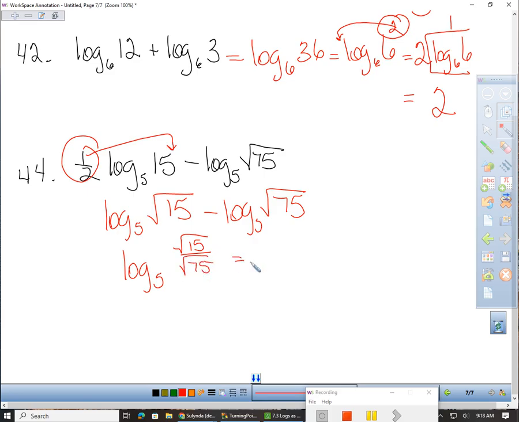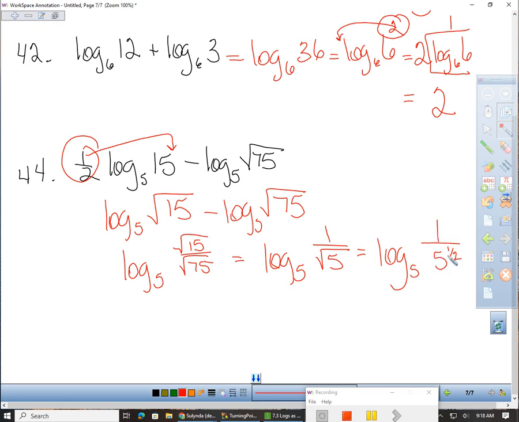Now, last chapter we talked about how to simplify radicals. We first start by reducing this fraction. So this is log base 5 of 1 over the square root of 5. So then we can rewrite this, changing our exponent to 1 over 5 to the 1/2.